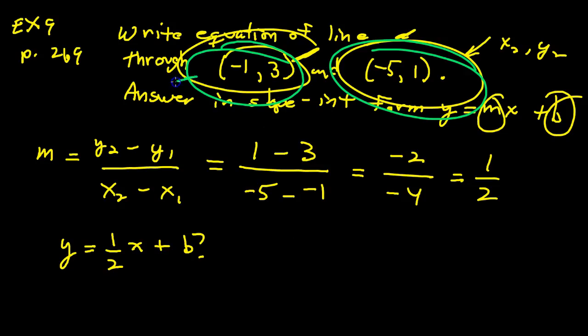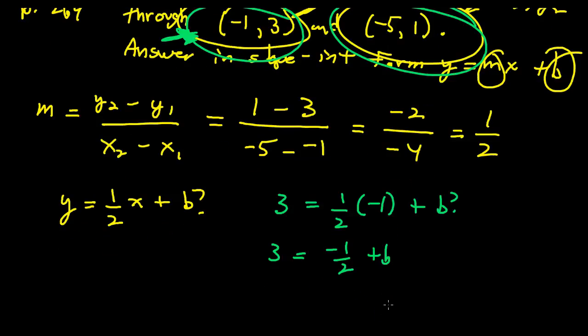I'm going to pick this point here to plug in x and y. So when y is 3, x has got to be -1, and b is still unknown. Well, I'll get 3 equals 1/2 times -1 is -1/2.